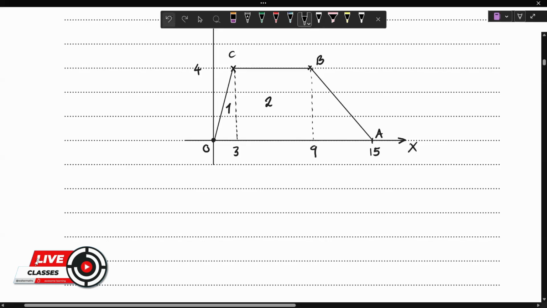So I've just separated them into 3 different laminas. So it's more like a combined lamina type of question.